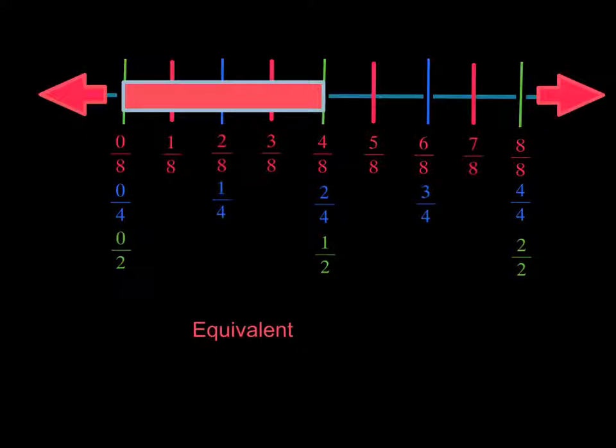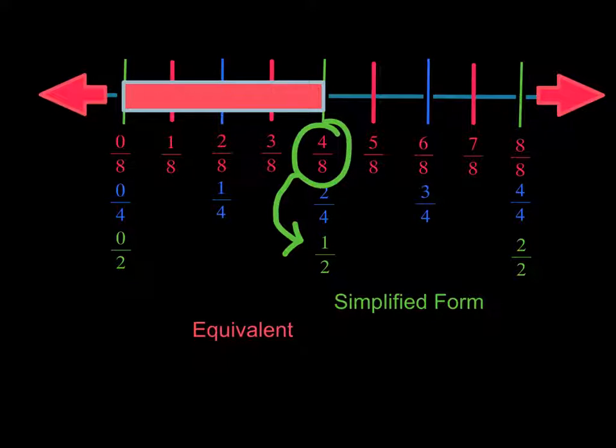Our goal when trying to simplify fractions is to go from the one using the largest number and go directly to the fraction that is using the smaller numbers. This would be our simplified form.